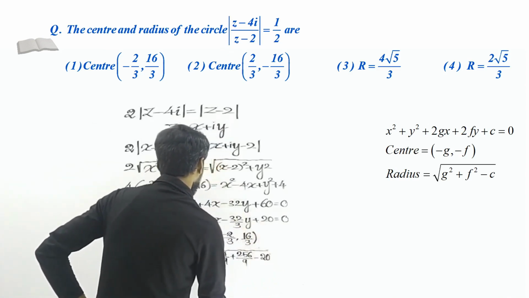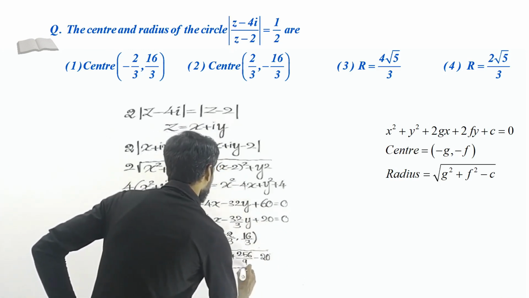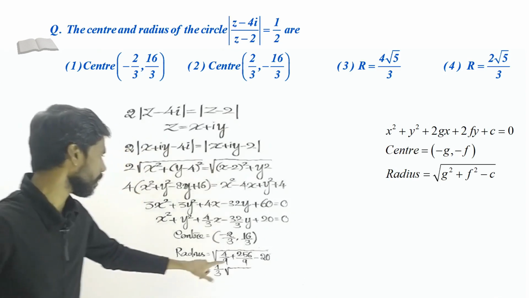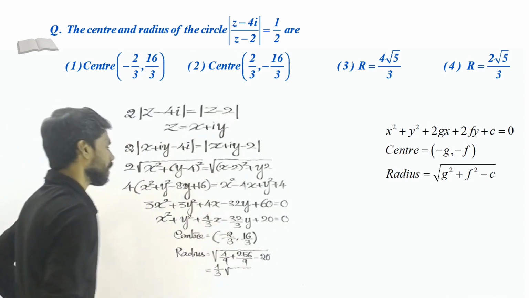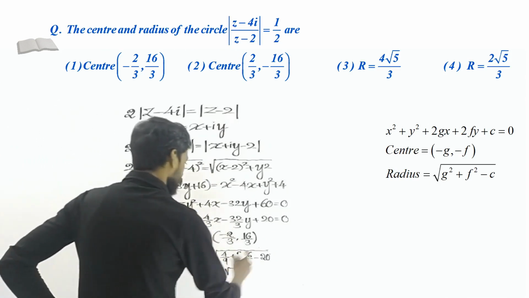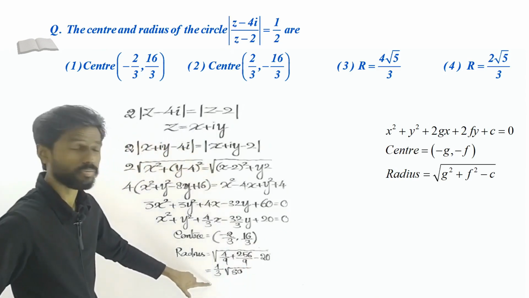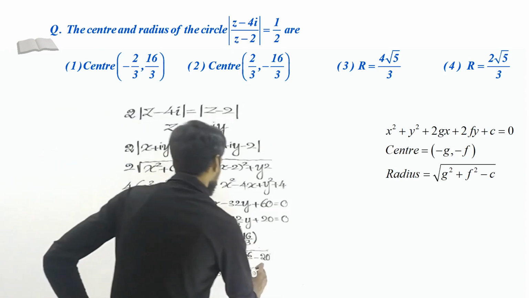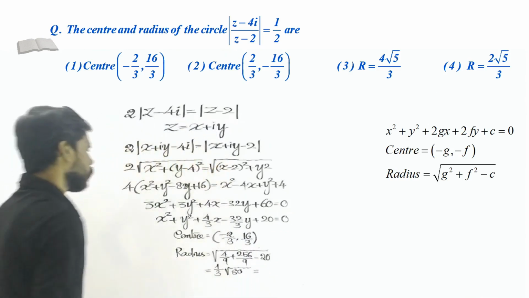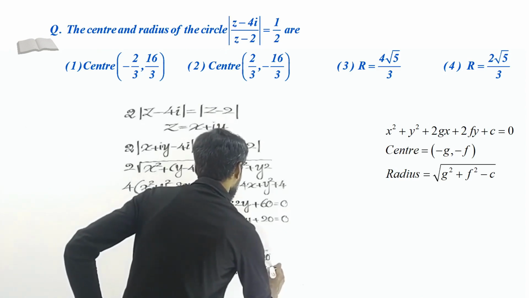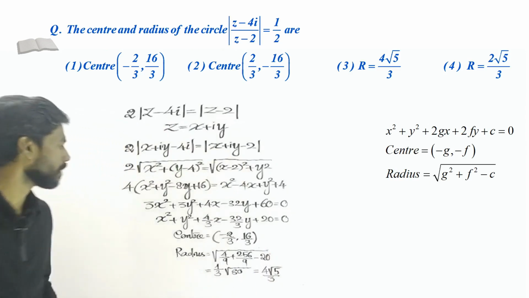Okay, so if you do the simplification, that is 1 divided by 3 root of 260 minus 9 times 20, that is 180. So we'll get 80. So square root of 80 divided by 3. That is the required answer. We can also simplify this: 4 root 5 divided by 3. Okay, so that is the required radius.